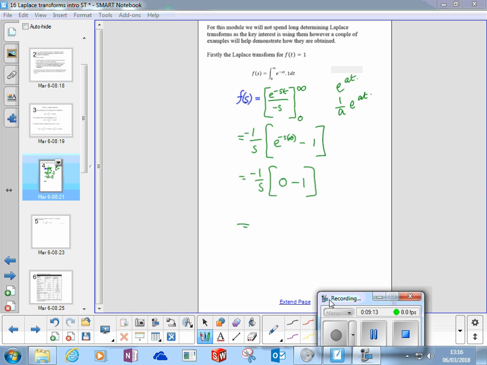Minus 1 times minus 1 over s is minus 1 in there times minus 1 over s, which is 1 over s. So the Laplace transform of the number 1 is 1 over s.